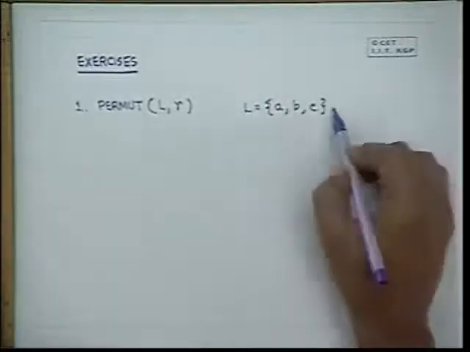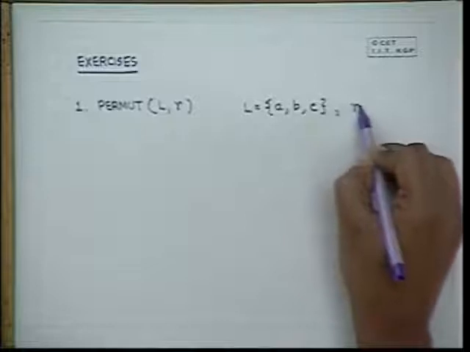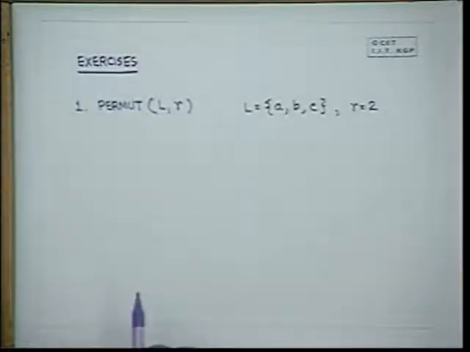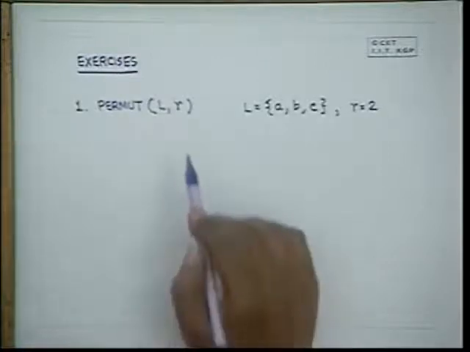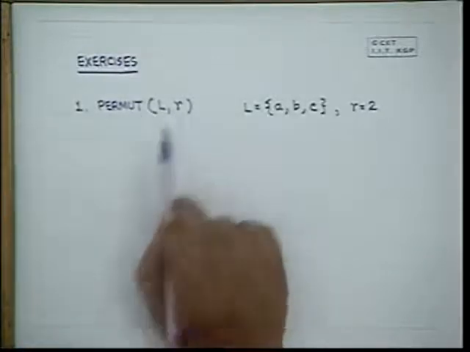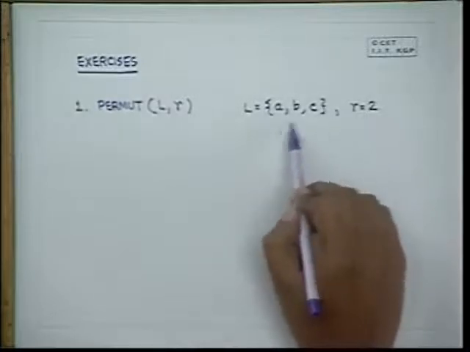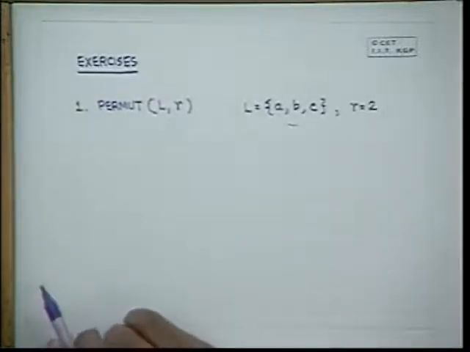And R is an integer. Say R is equal to 2. You are to solve the problem of finding out all two permutations of these elements.